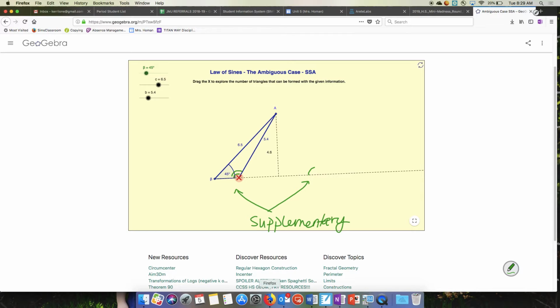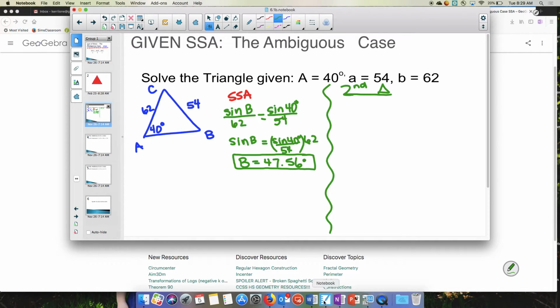Okay, you told me that these two are going to be supplementary. Supplementary means they would add up to be 180. So whatever you get for your very first angle in side-side angle, you're going to move over, and in your second triangle, that same angle would be 180 degrees minus that. Okay, so in our second triangle, we would have 132.44 degrees.